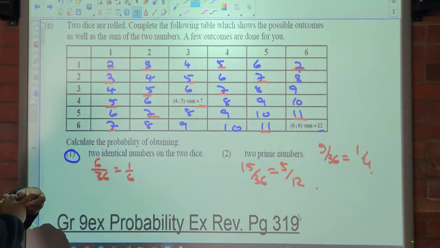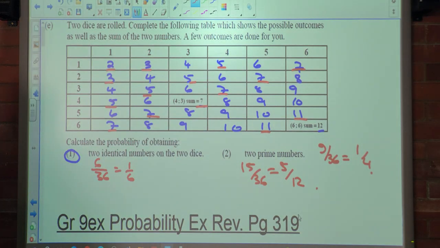I still get 15. They could be wrong, no? Who got the answer of 9 over 36? How did you get 9 over 36? I didn't include 1 and 1.